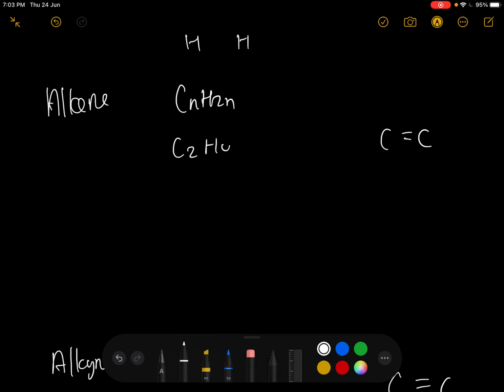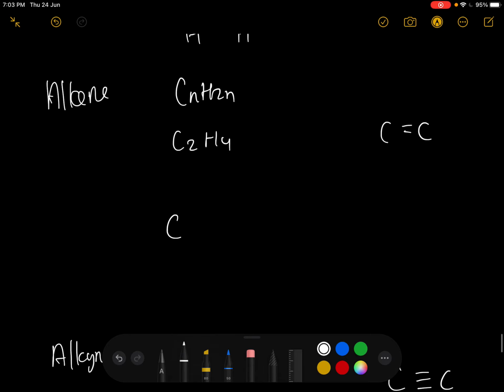CnH2n, so that means C2H4. I need to draw 2 carbon and 4 hydrogen. So C, then a double bond because that's its functional group, and then H. This is correct because carbon has 4 lines around it: 1, 2, 3, and 4.